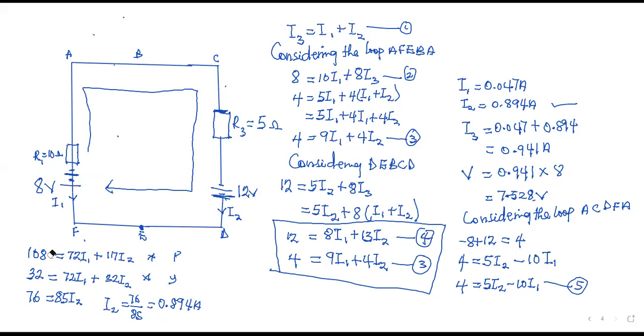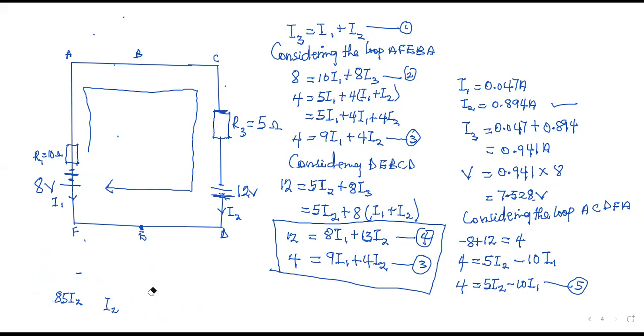Sir, please, I had different answers. Which equation did you use? So I used 5 and 3. Bella, what about you? Sir, please, I use 5 and 4. What are your answers? Sadia, please, I had 0.0474 I1 and then I2 0.894.